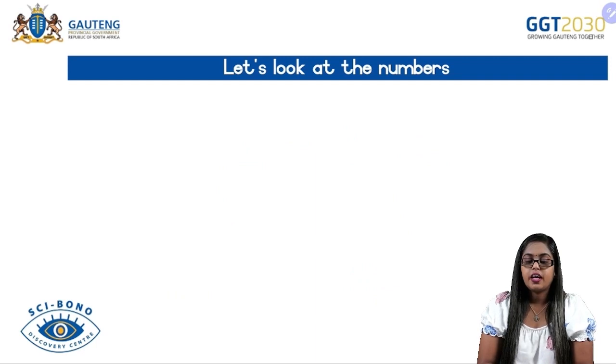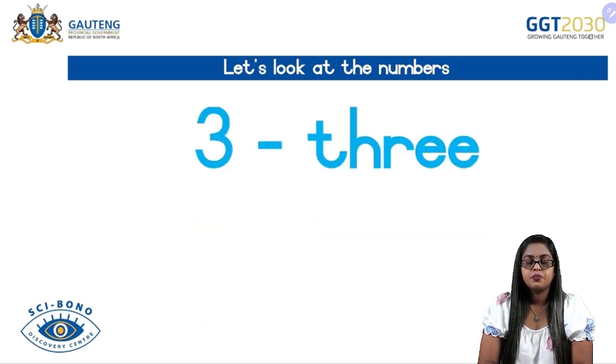Now let's look at number 3. 3 is spelled as T, H, R, E, E. Once again, T, H, R, E, E. 3.